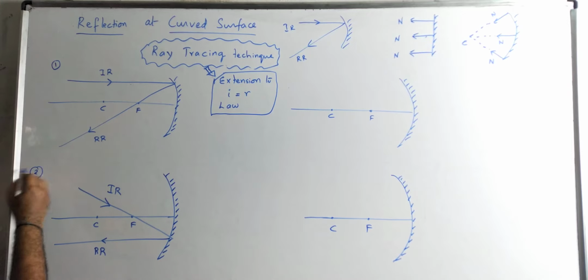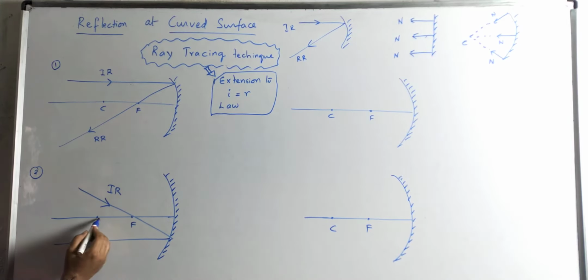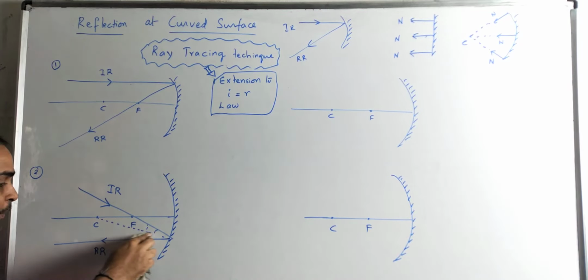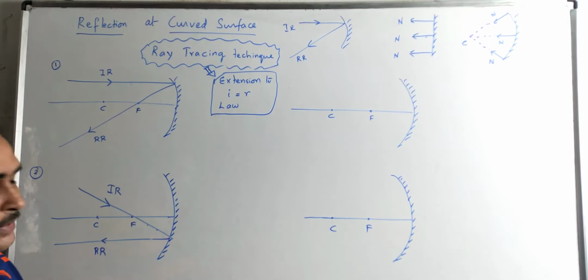This is the second ray tracing technique. This you have to remember it. Suppose you draw a normal here, then you will see that this angle and this angle are equal. Angle of incidence is equal to angle of reflection. But to avoid using this law at every point, using geometry, we are remembering it in form of a sentence.